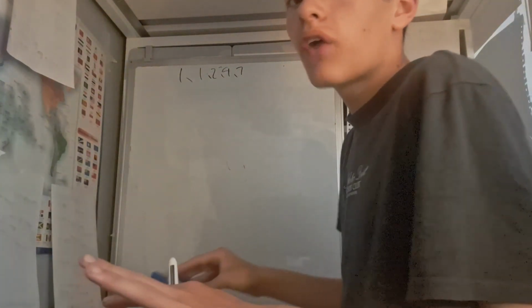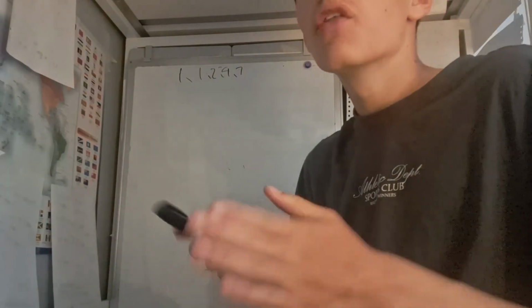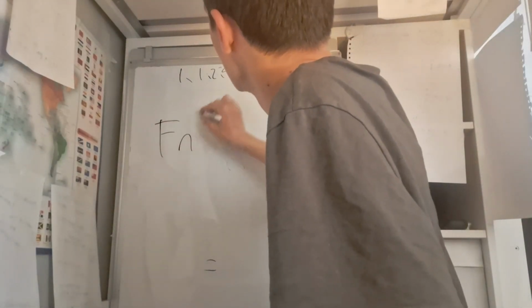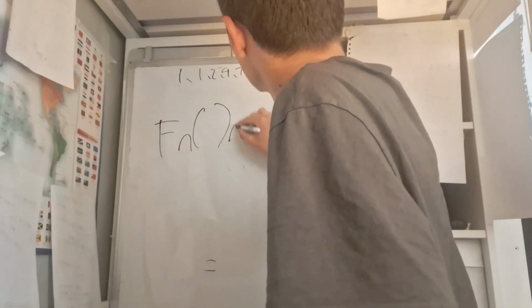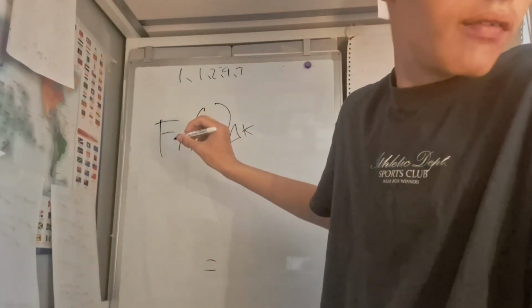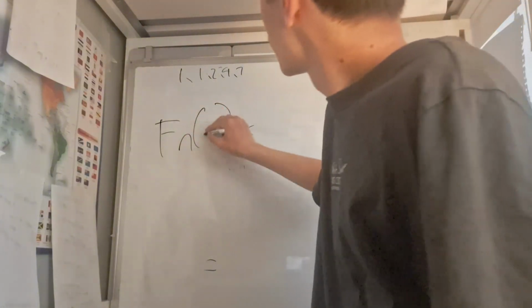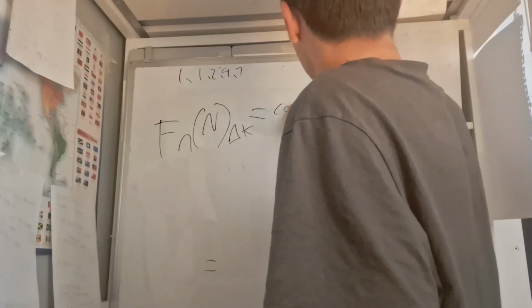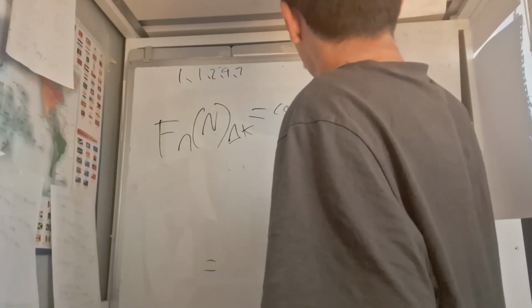But there's a way that I kind of write the whole thing of finding the Fibonacci family constant function. You write it as f of n bracket delta k, and then you would have some capital N, which equals some constant.